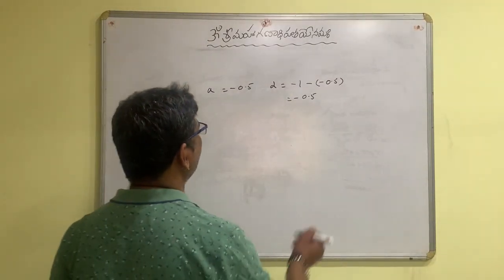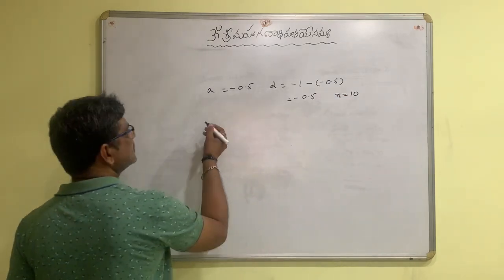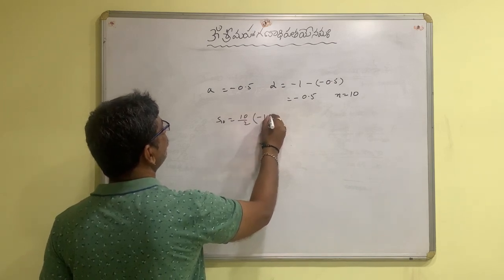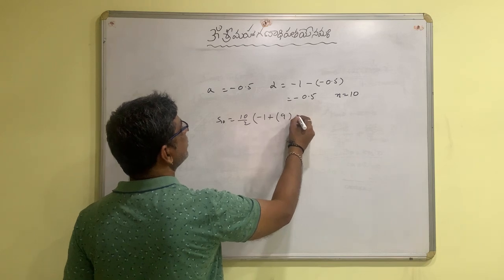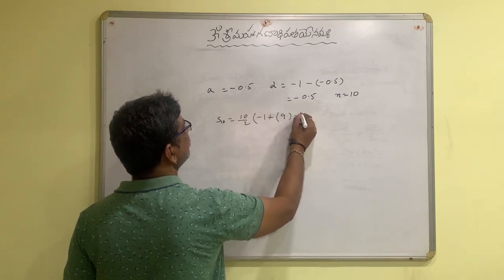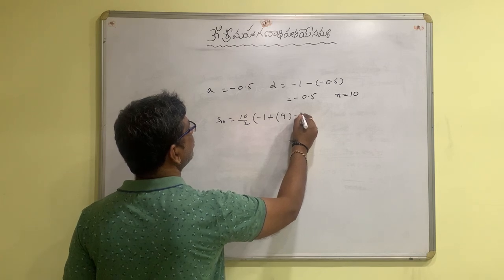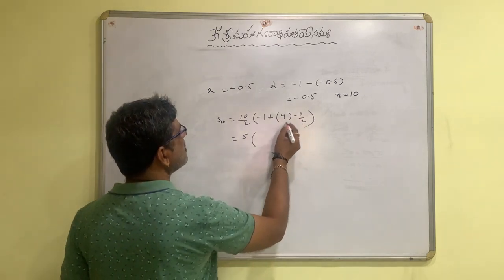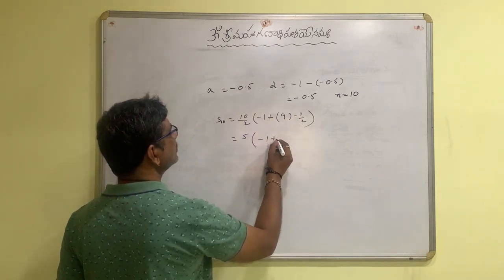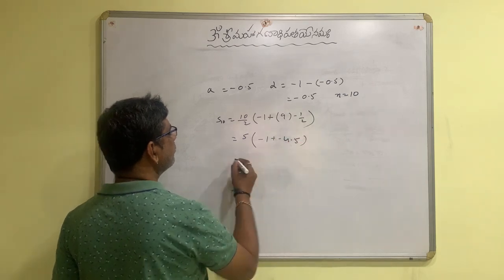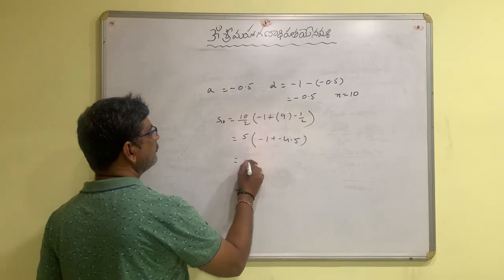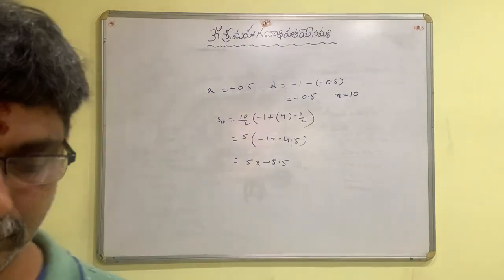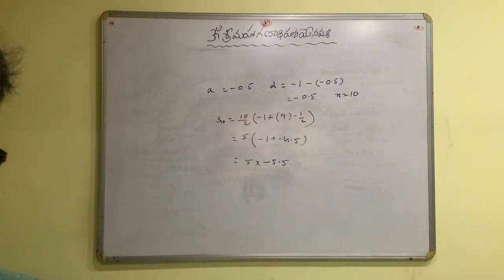You need to calculate S10. S10 is 10 by 2 into 2a, negative 1 plus 9d, negative half, so 5 into negative 1 plus negative 4.5. 5 into negative 5.5, how much?